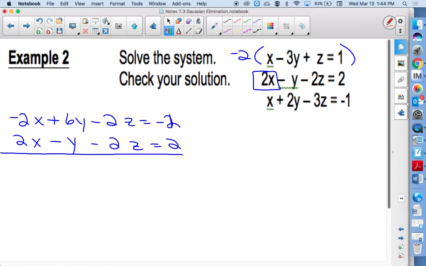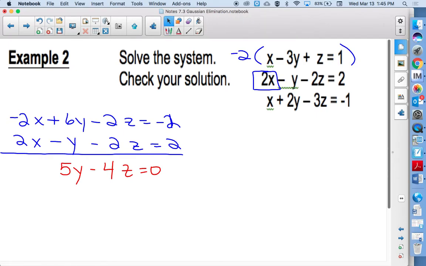And then Eris, when you add them together, you get 5y minus 4z equals 0. Good. So that is a resulting equation. We got rid of the x. So try and do the same thing with the third equation.